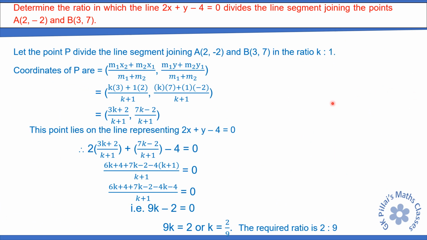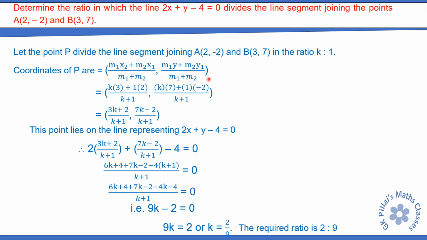This is a bit difficult sum for the basic students, and the standard students can definitely manage. Determine the ratio in which this line divides the line segment joining the points this and this. This is a linear equation in two variables. It represents a straight line in a coordinate plane. Let the point P divide the line segment this and this in the ratio k:1 again.